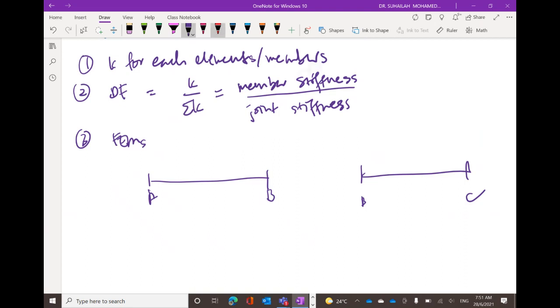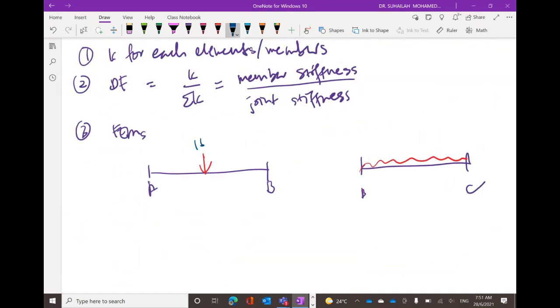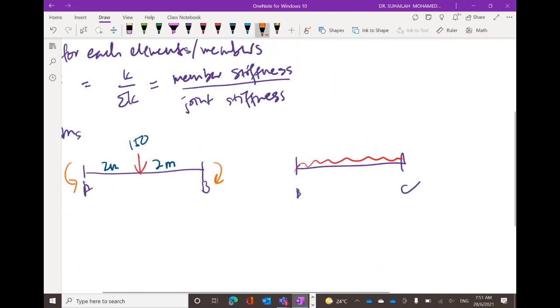This one is a point load at the center, and this is UDL. For 150, 2 meter, 2 meter, we need to calculate the moment. Assuming both ends fixed doesn't matter.